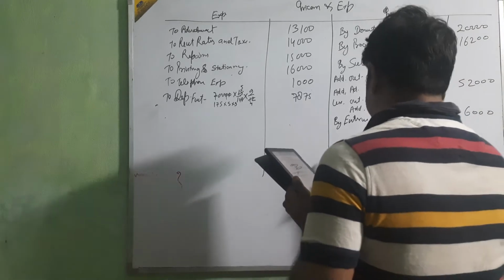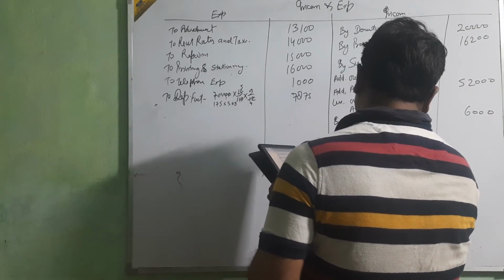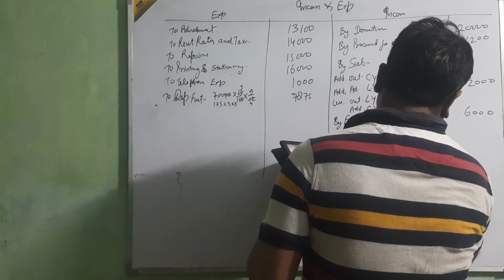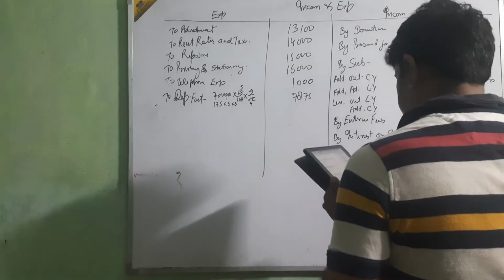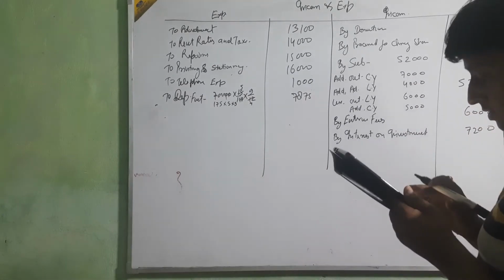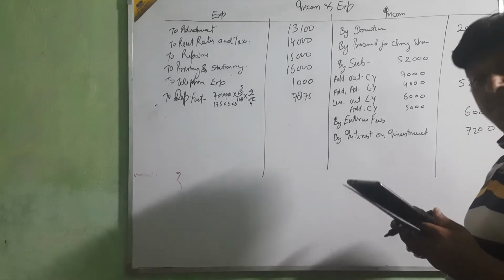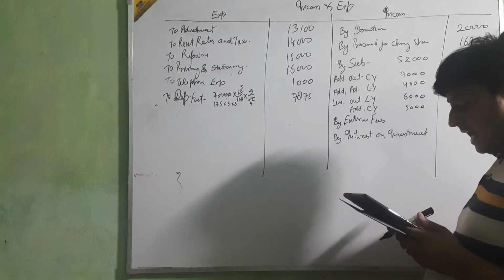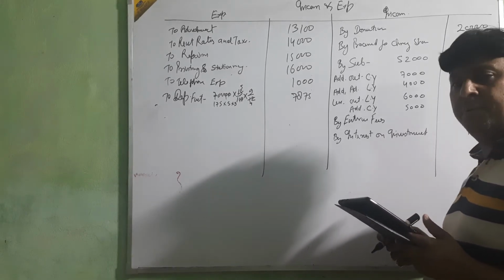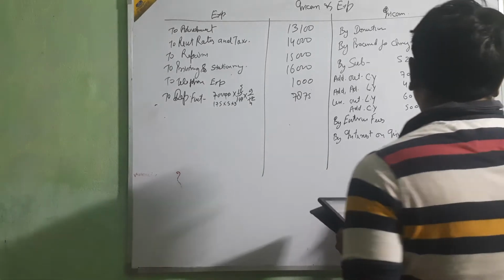Then next is interest on investment, 7,200. Okay, anything else in adjustment? For the life membership fee is given. We are not going to take the life membership fee, so we are not going to show its adjustment also. Now it's finished.